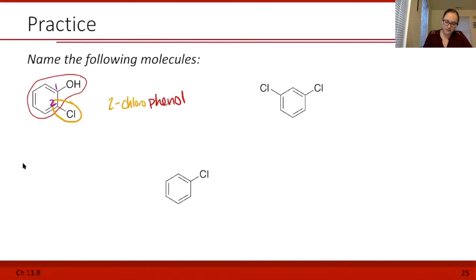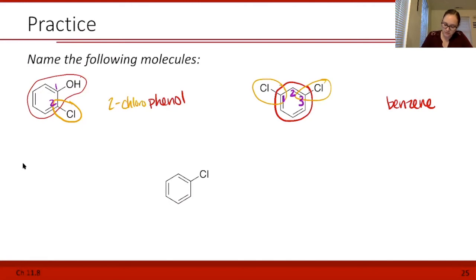Okay, over to the right, we have just our normal benzene base. Then we have 2 substituents. We're going to number them to make it so that they have the lowest numbers. So we have 1, 2, 3.